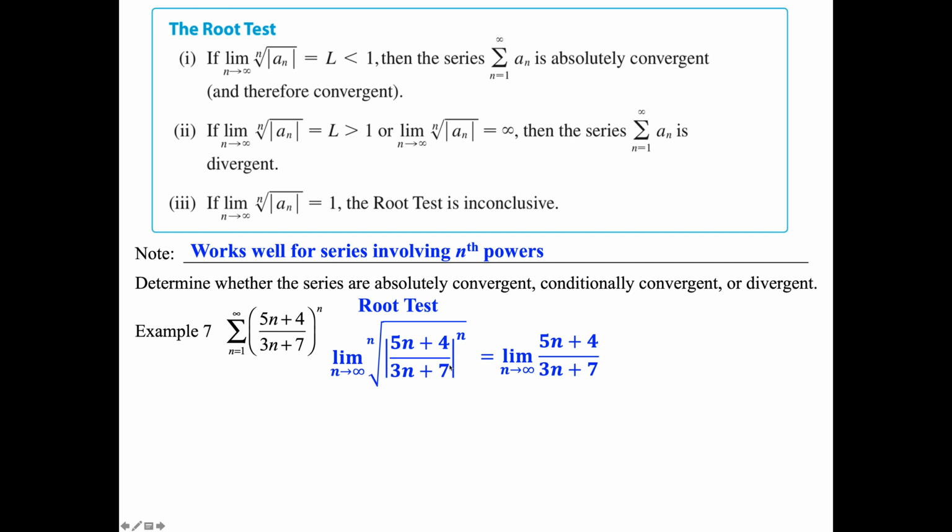I also dropped the absolute value bars because these are going to be all positives, because n starts at 1. And, well, wait a minute. Here's your horizontal asymptote test. N to the first, n to the first, powers are the same, leading coefficient ratio is 5/3, that's your limit. Well, 5/3 is greater than 1, so this series diverges by the root test, the second step of the root test.